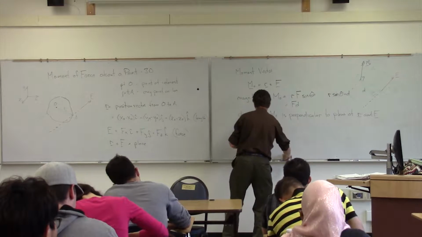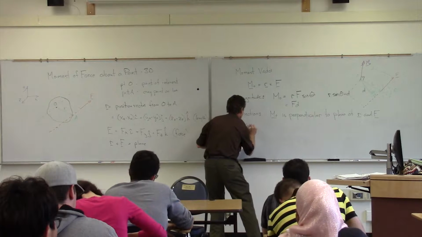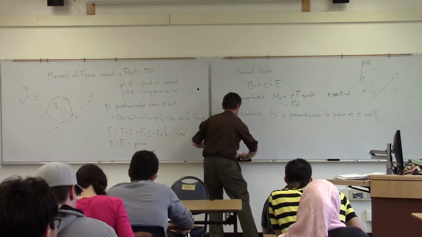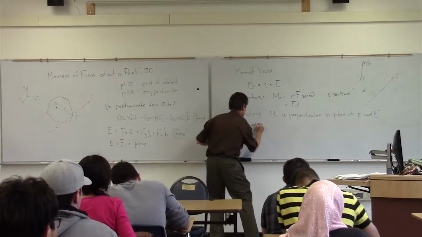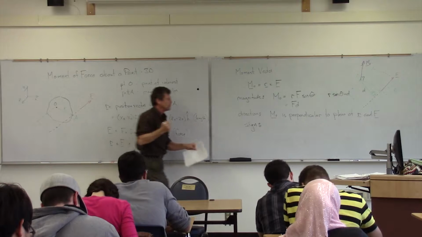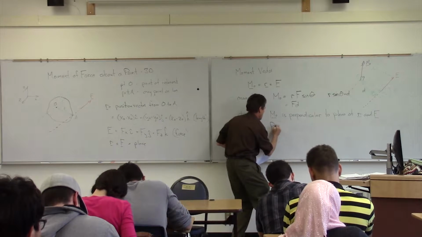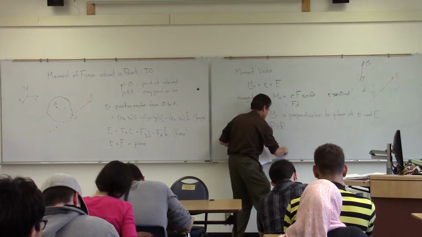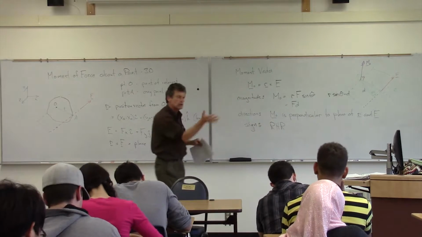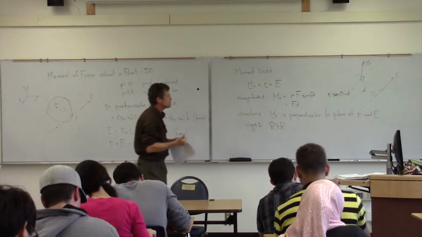And then finally, sign. Good. Yes, I want you all to sing. The sign basically is going to be the right-hand rule. And again, this is where you can tell the civil and mechanical engineers, because they're all doing this during exams.